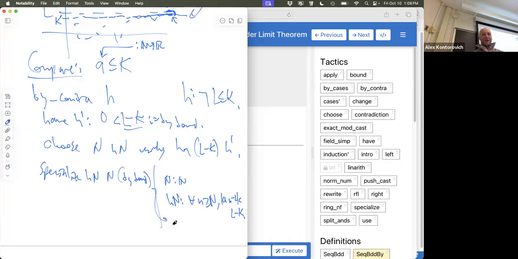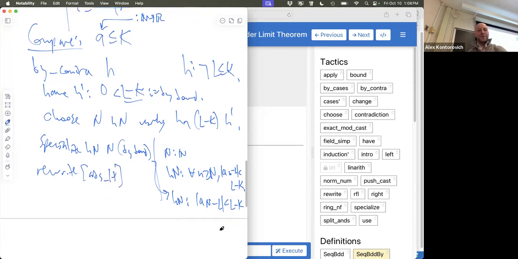Okay, and that will make HN say the absolute value of a capital N minus L is less than L minus K. Beautiful. You guys remember the theorem abs_lt? That an absolute value is less than something if and only if.